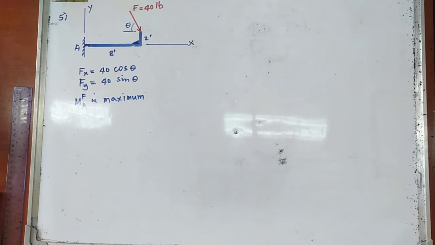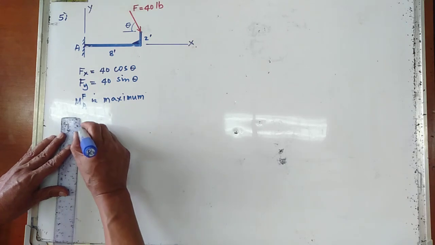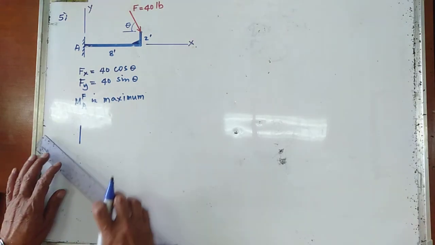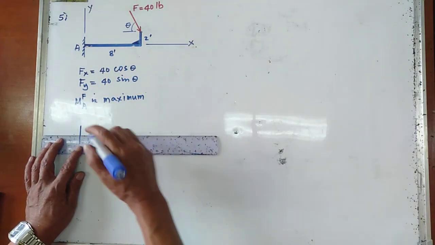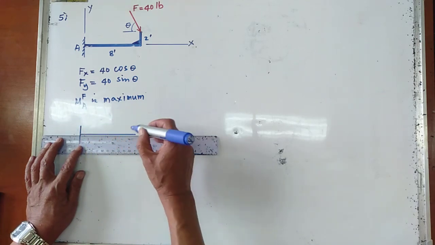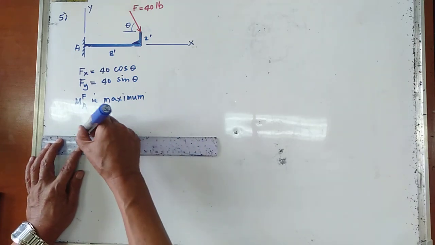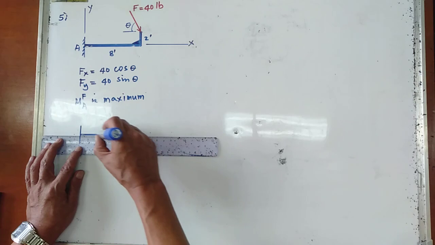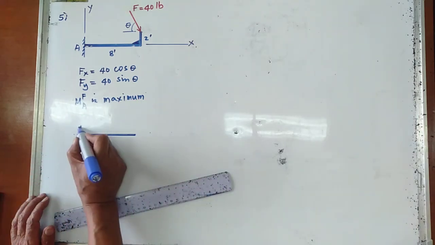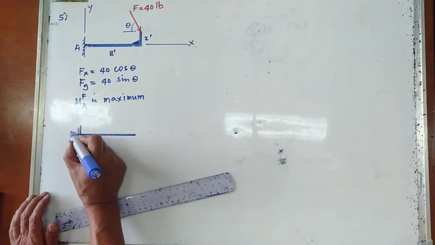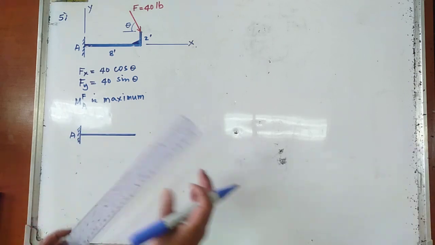Okay, so again, let us try to apply your Varignon's theorem. So we have the wall in here, and this is now your point A.